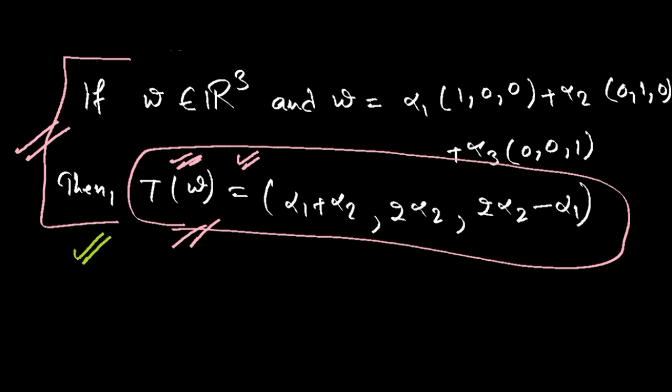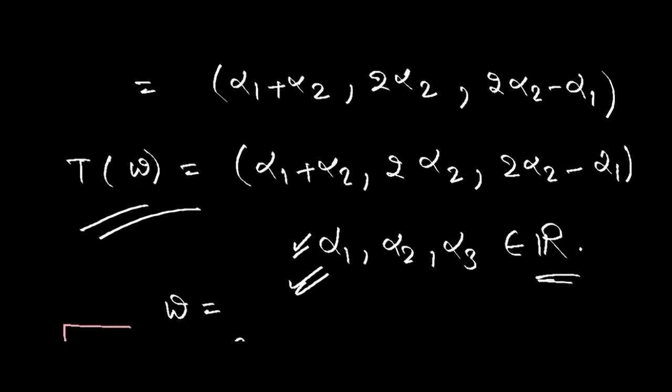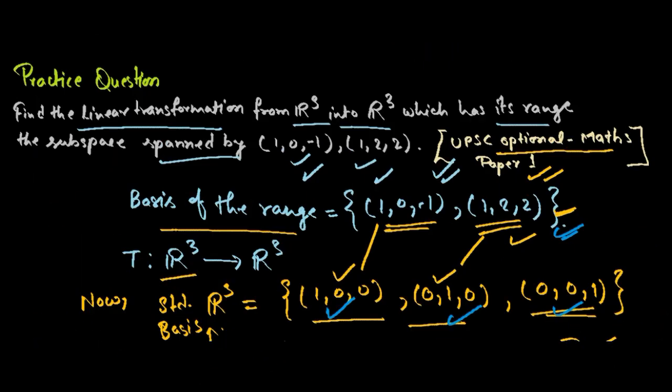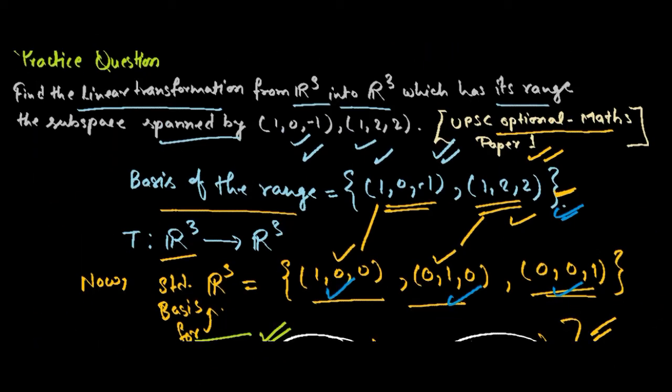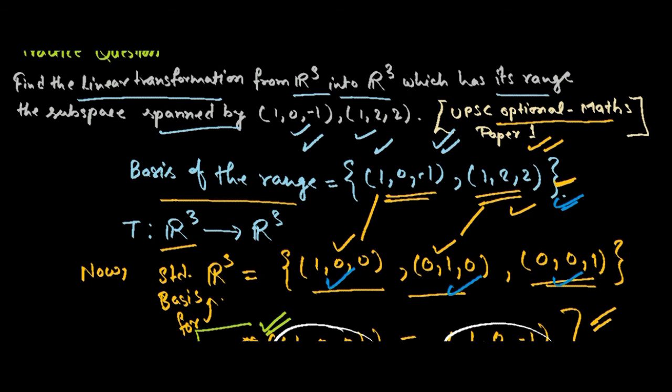I hope you got the understanding of how to find the linear transformation when the range is given. So again I am repeating it. When the range is given, you need to assume that the standard basis of the domain, or the vector space, here R3, is mapped to the range elements, or I should say the basis of the range.